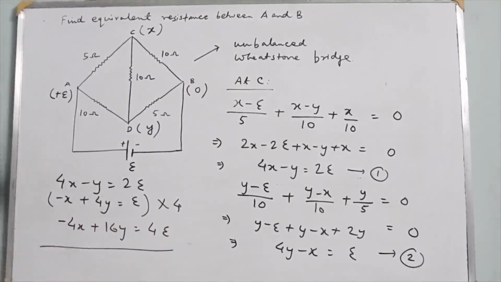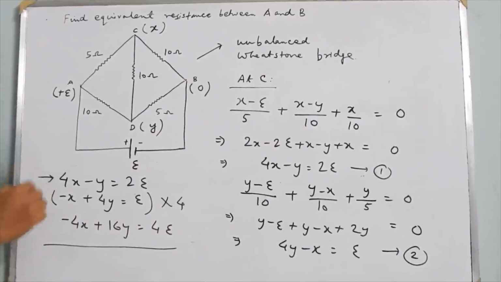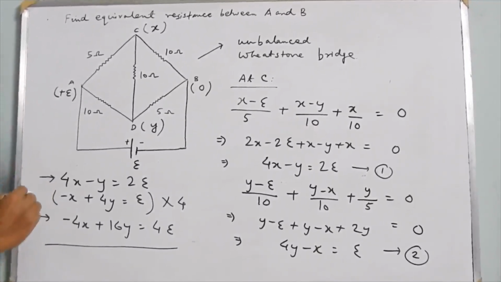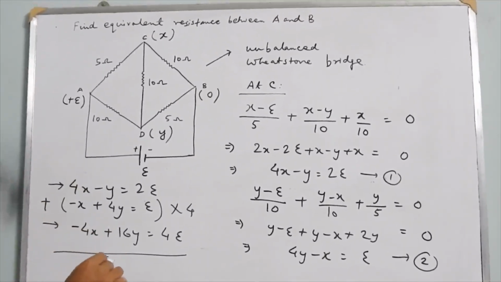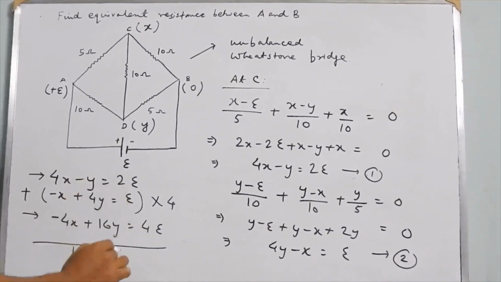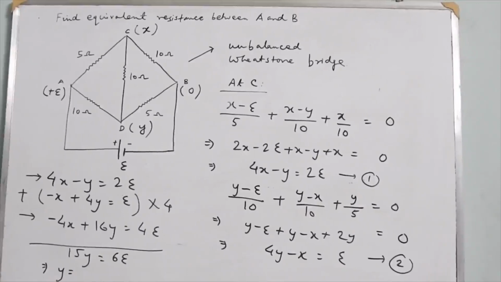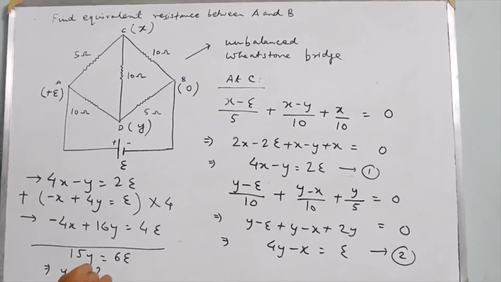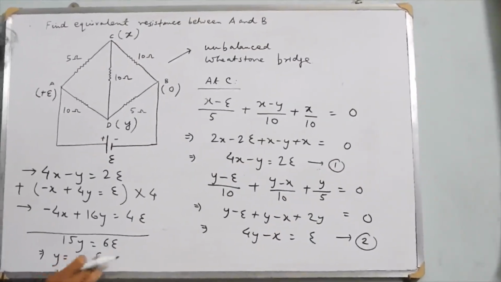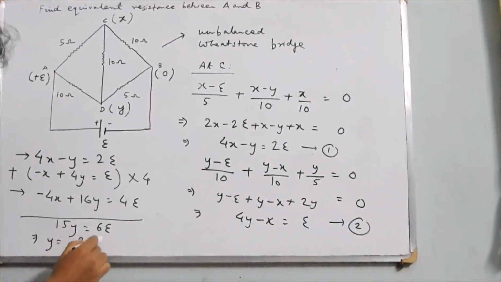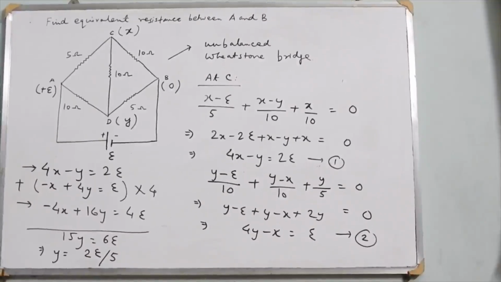When we add it to the first equation, on addition, we get 4x minus 4x is obviously 0, 16y minus y is 15y, and this is 4 epsilon plus 2 epsilon, which means y is equal to 6 upon 15, that is 2 epsilon by 5. So y is 2 epsilon by 5. You can note it down.